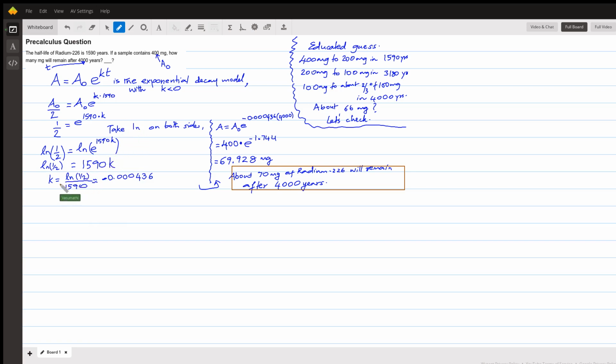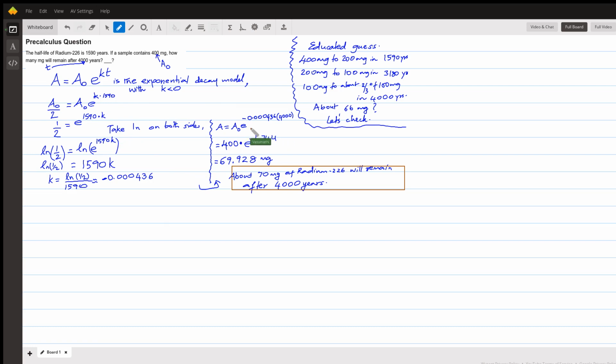Now I just use my calculator and entered things the way you see here. Natural log of 1 half divided by 1590, and I approximated that to negative 0.000436. Okay, next we are going to use the value of k in the original model.